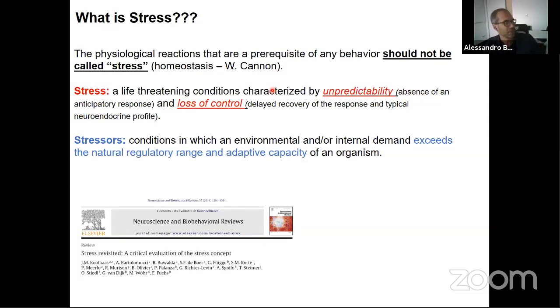You know, this will take quite some time to describe all the evidence and what we mean exactly. And a stressor, so the condition eliciting the stress response, is not just a normal life event, but is rather a condition which can exceed the regular regulatory range and capacity of an organism.